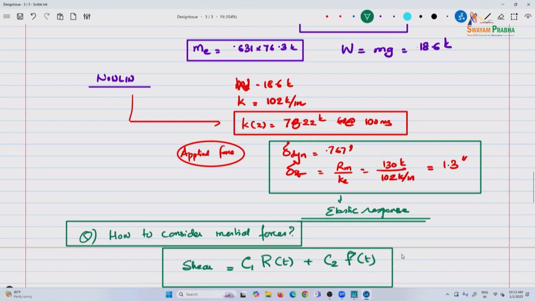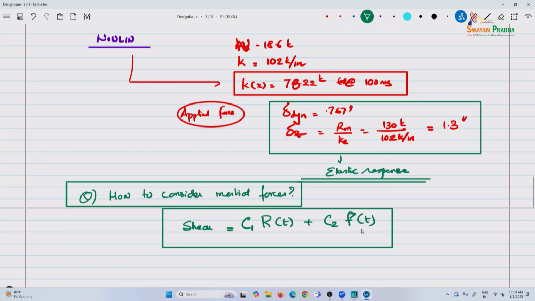In concrete structures, it's a function of the dynamic reactions plus the applied force as a function of time. And you will never find them to be synchronous, they're unlikely to be in phase.